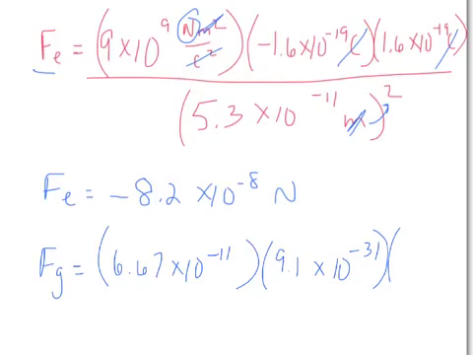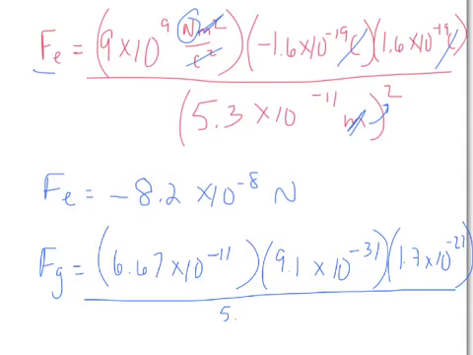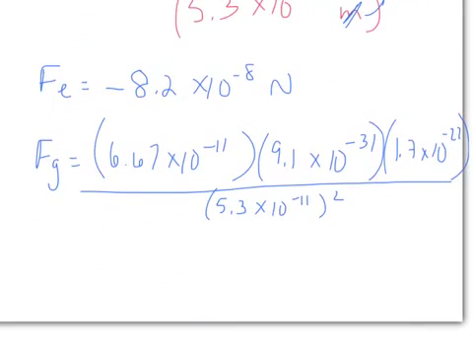This is going to be 1.7 times 10 to the negative 27, all over the distance between them squared. Calculating this quantity, the gravitational force is going to be approximately, after rounding, 3.6 times 10 to the negative 47 newtons.